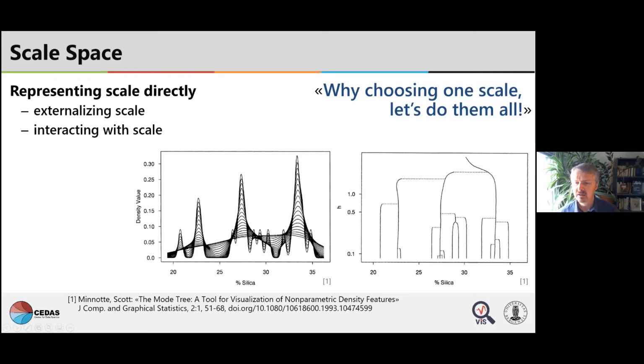And then you can come up with a 2D diagram where your vertical axis becomes the scale axis. And then you can basically read off that depending on which scale you use, you have different numbers of maxima in this graph here. If your scale is way too large, then you will always end up with just one maximum.